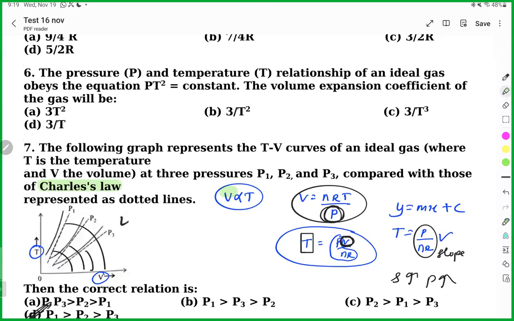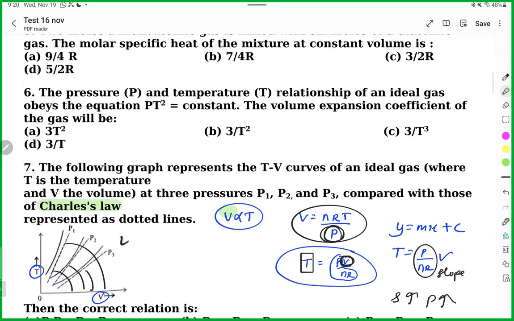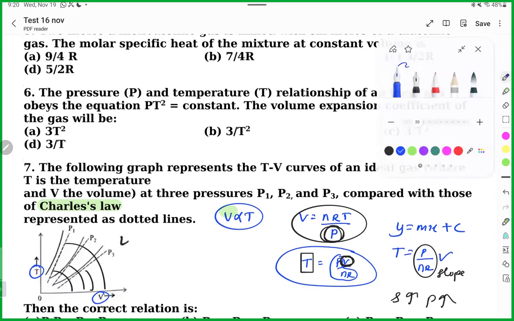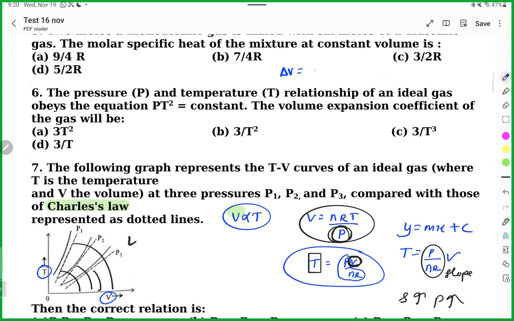We are done with thermal properties of matter, and there we have delta V is equal to gamma V delta T. Either you write alpha V or gamma V, it's your choice, both are correct. So this gamma is the volume expansion coefficient, correct?